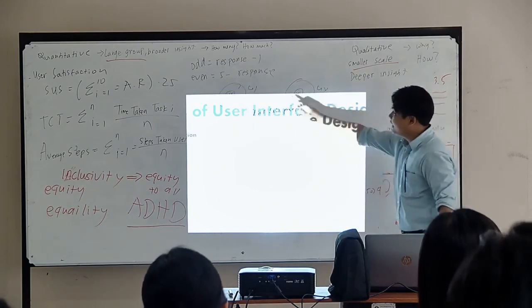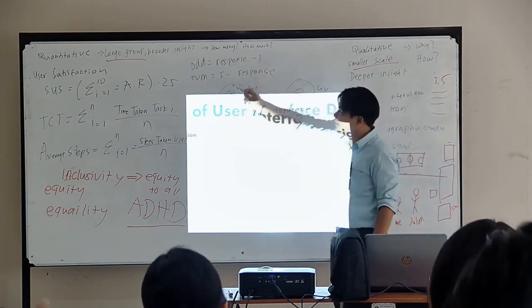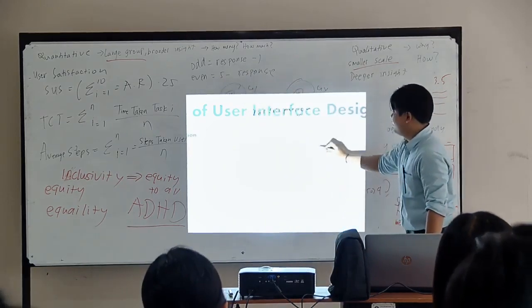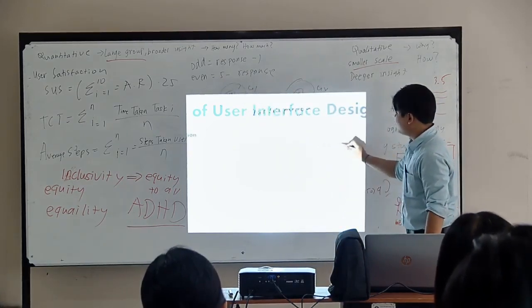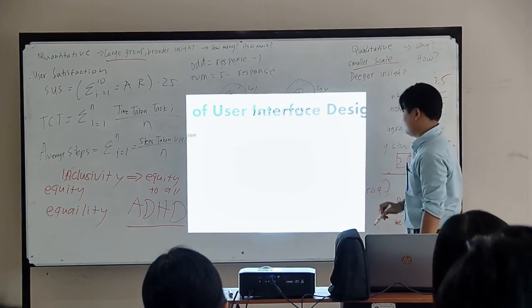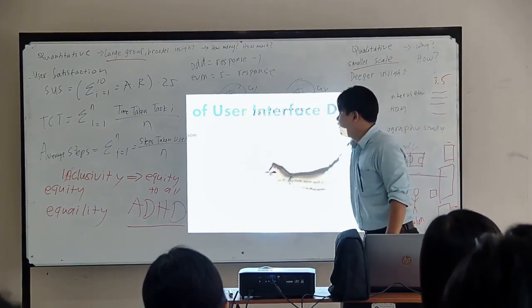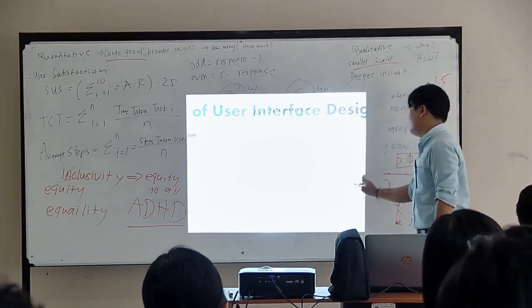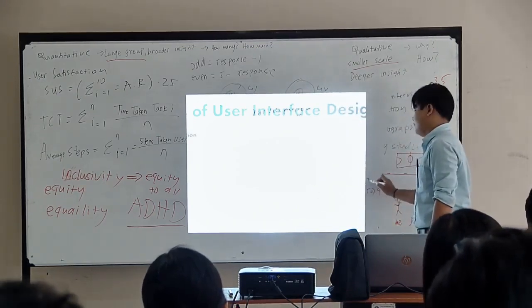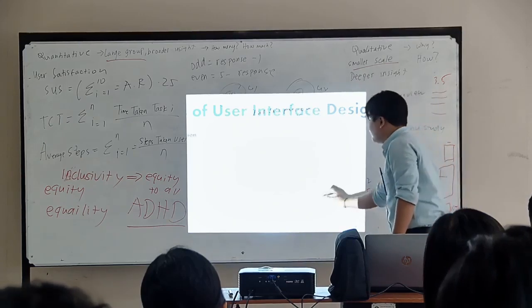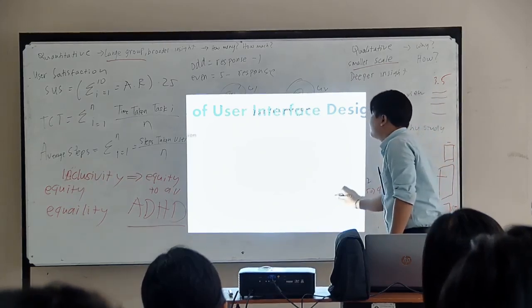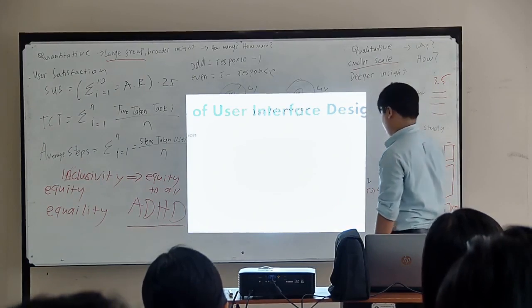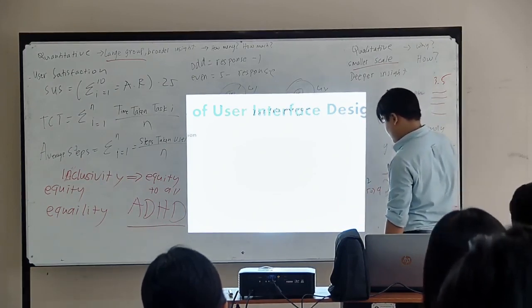Next is the even. The formula is 5 minus the response. So 5 minus 1, 4. This one, 5 minus 1, 4. 5 minus 3. This is 4. 5 minus 4, 1.